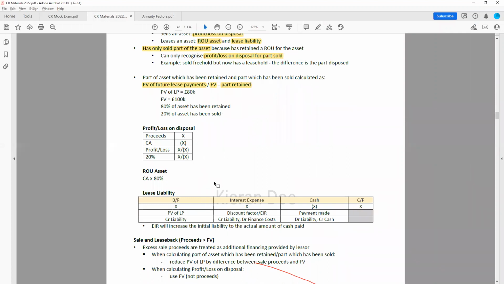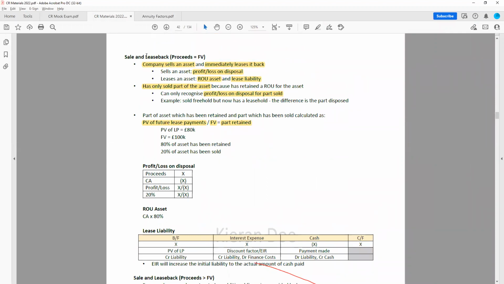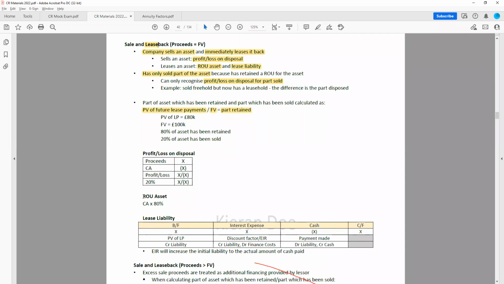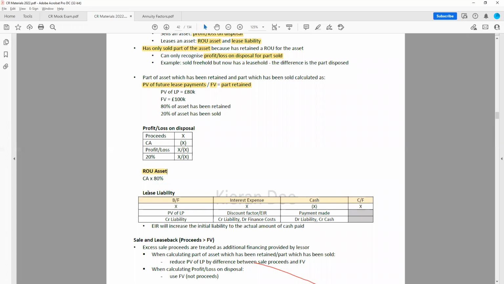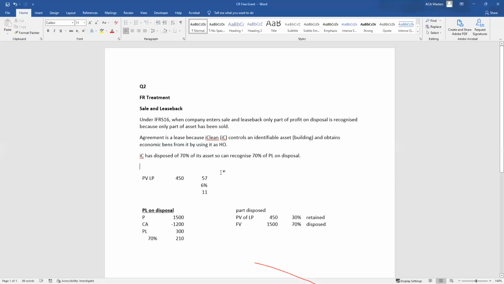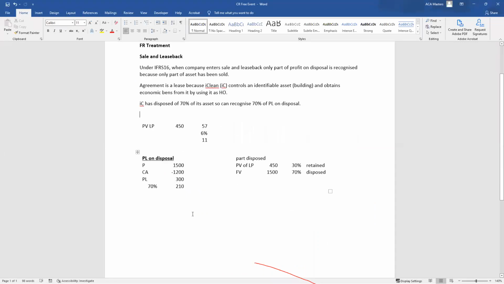So of course, they've leased the asset back, so they've still got a lease, and as we've said, whenever there's a lease, there'll be a right of use asset and a lease liability. So they'll have a right of use asset on the SFP because they've still got the leased asset, and they'll have the lease liability, as a company always does when they lease an asset, unless it falls under one of the very narrow list of exemptions.